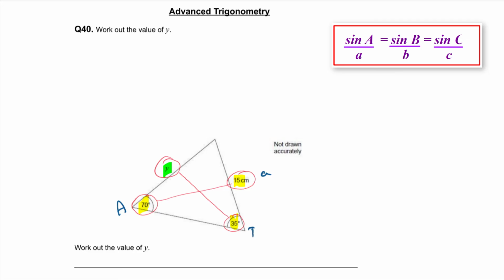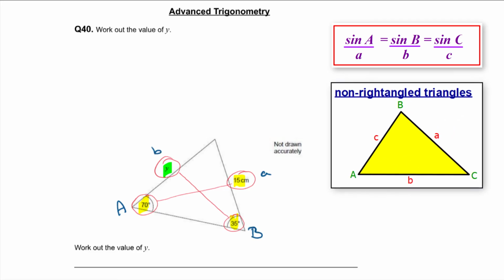This one is angle B, side b. So you always label opposite sides and angles with the same letter. Use a capital letter for the angle and a lowercase letter for the side. That's how the sine rule and cosine rule are written. So if you follow that, when you label up your sides, you'll be able to substitute much more easily into the sine rule and the cosine rule.